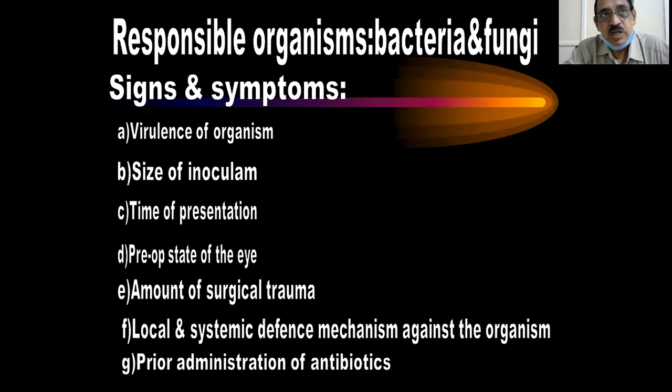Normally, we give preoperative antibiotics the day before, fluoroquinolones, moxifloxacin or gatifloxacin, 6 times per day the day before the surgery. And also on the day of the surgery, we give the same antibiotics 2 hours prior to the surgery, and also instill povidone iodine 5% solution into the conjunctival sac about an hour prior to the surgery.